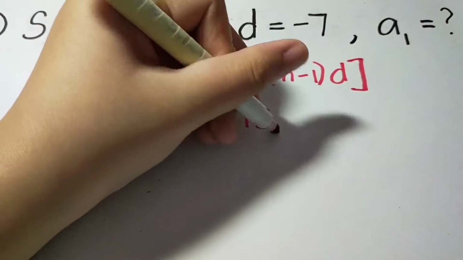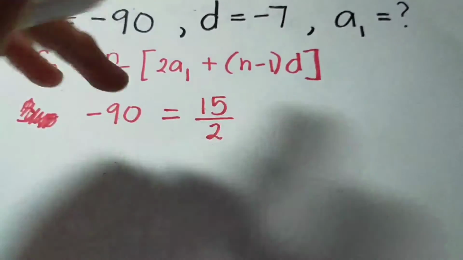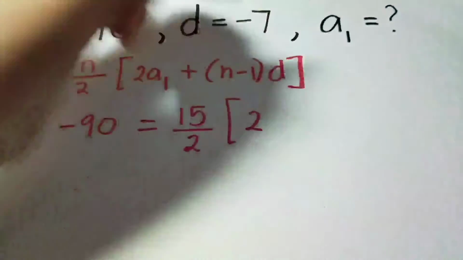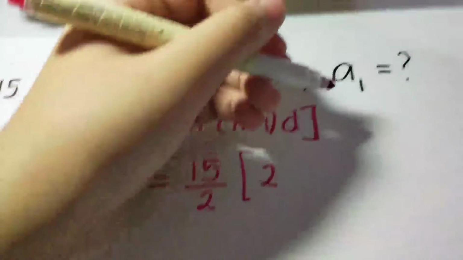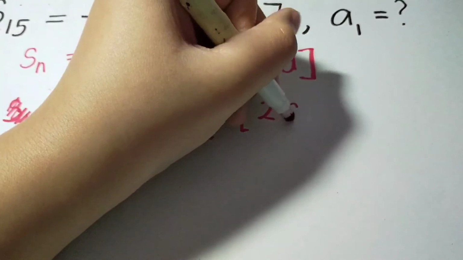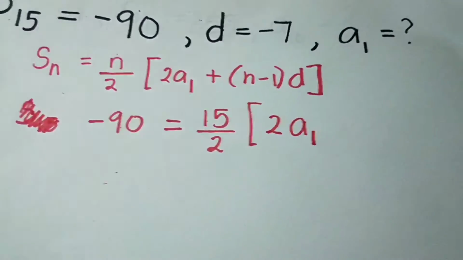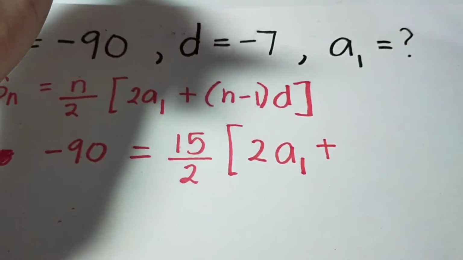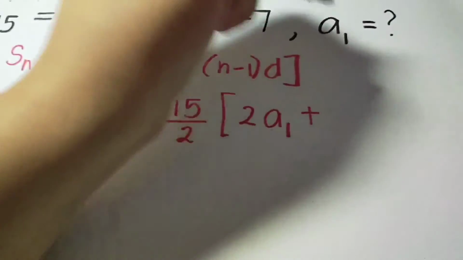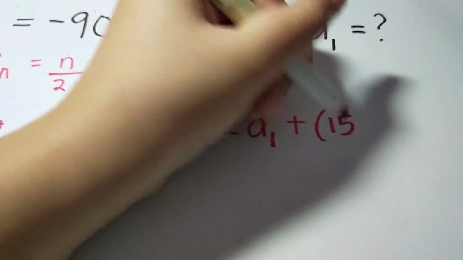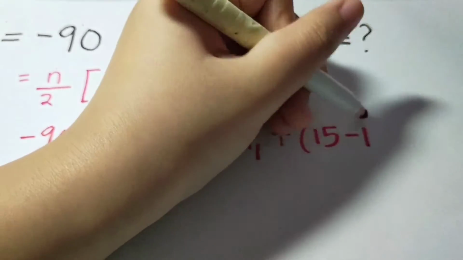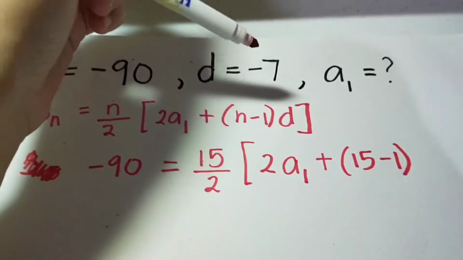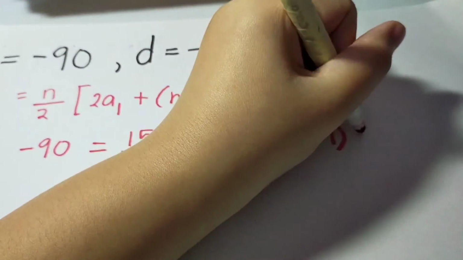So, 15 over 2 times 2, and a sub 1 natin ay, yan ang missing. So, we'll leave this as a sub 1 plus yung n natin, ano? So, 15 minus 1. Ano naman ang ating common difference? Ang ating common difference ay negative 7.